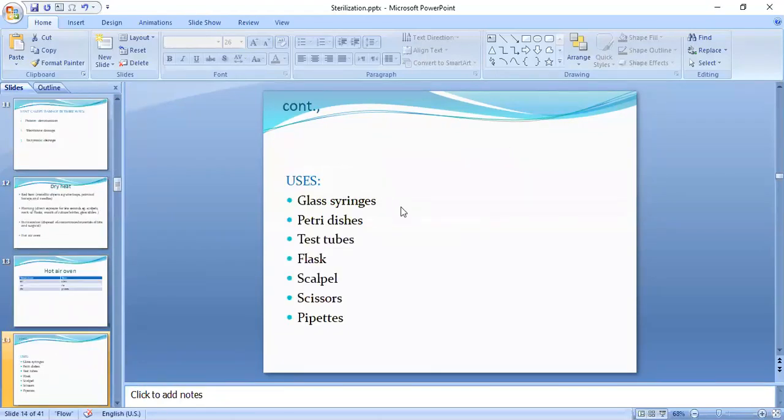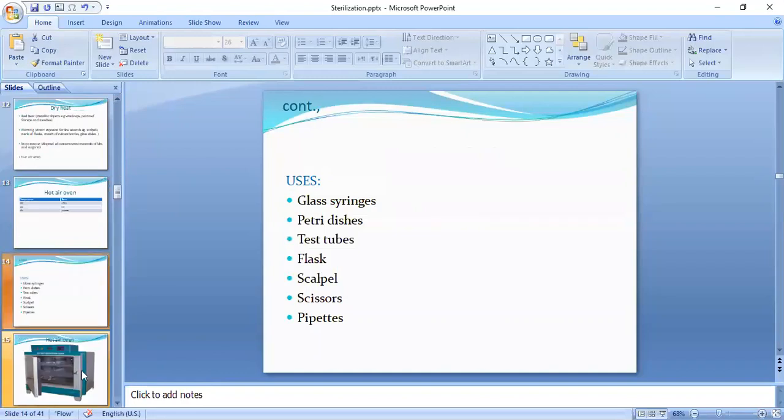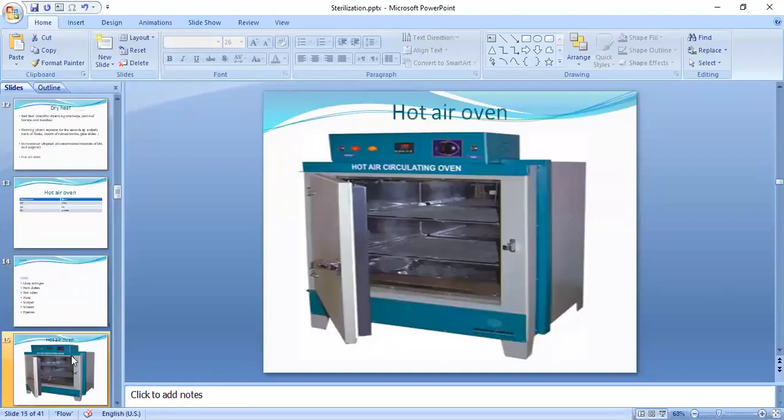What are the uses of the hot air oven? Look at this. This is a hot air oven. The objects are kept inside these shelves, and this is closed, and time and temperature are fixed according to the table.